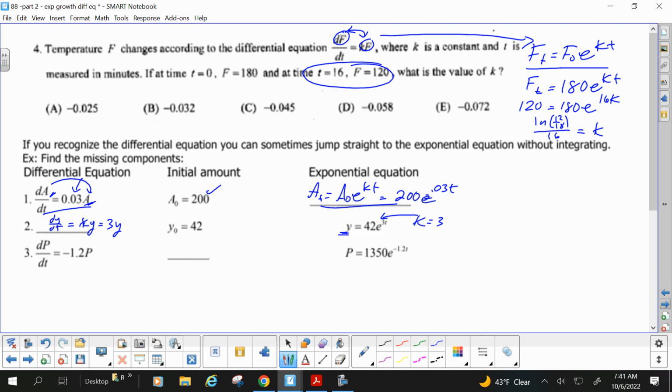The 42 didn't really get used. And then finally, if I want the initial of P, P initial can be found in the equation in front of the exponential change component, 1,300. Easy enough? Good. All right.